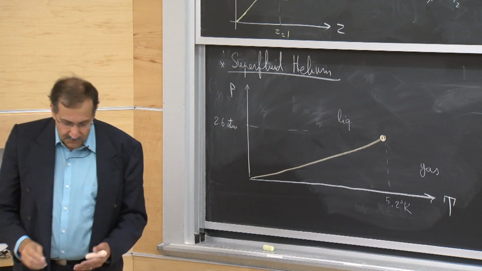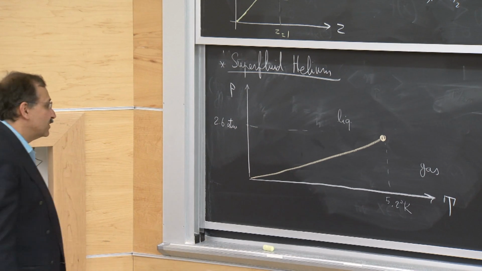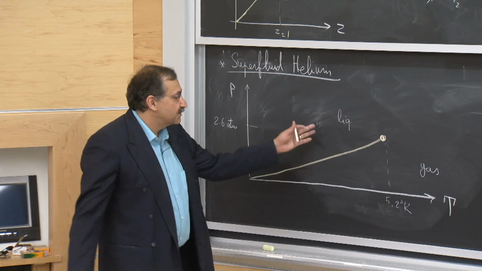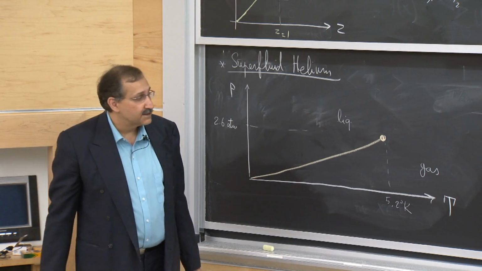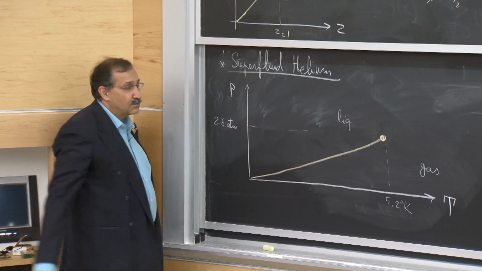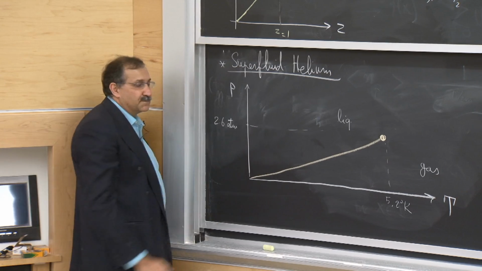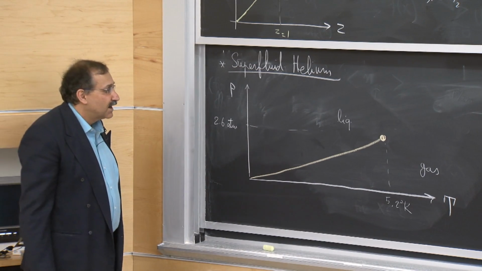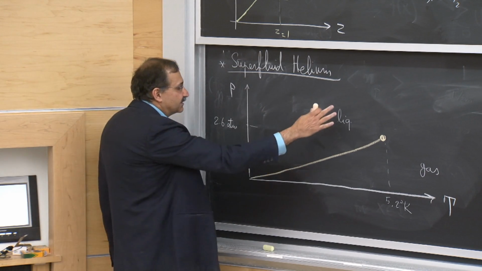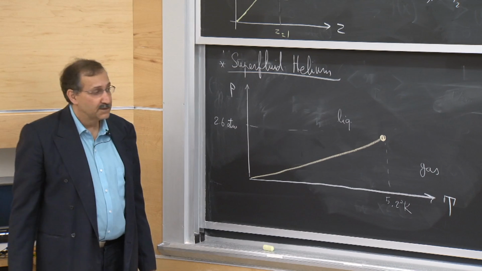Okay, so far, nothing different from, say, liquid water and steam, except that for all other substances, when we cool it to low enough temperatures, we go past the triple point, and then we have a solid phase. For the case of helium, it stays liquid all the way down to 0 temperature.